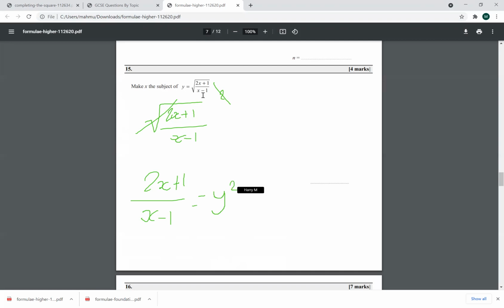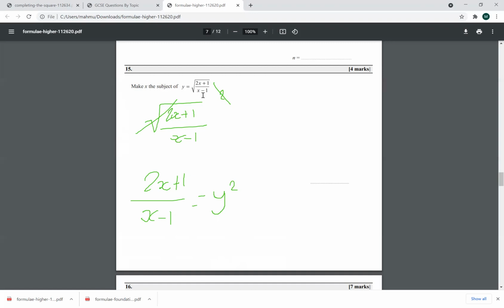Squared, yes. Now we keep on rearranging it. So you got the first part right. That'll give you 1 mark. Now, does this plus 1 cancel out this minus 1? No, you can't cancel it out because this is 2x. So what can you do to the x minus 1 at the bottom? What can you actually do?